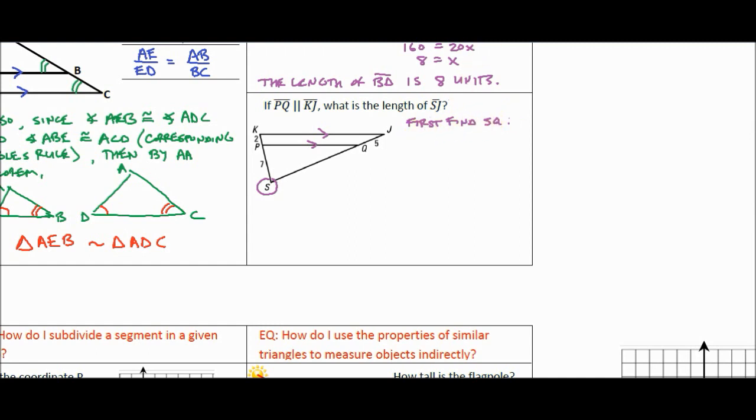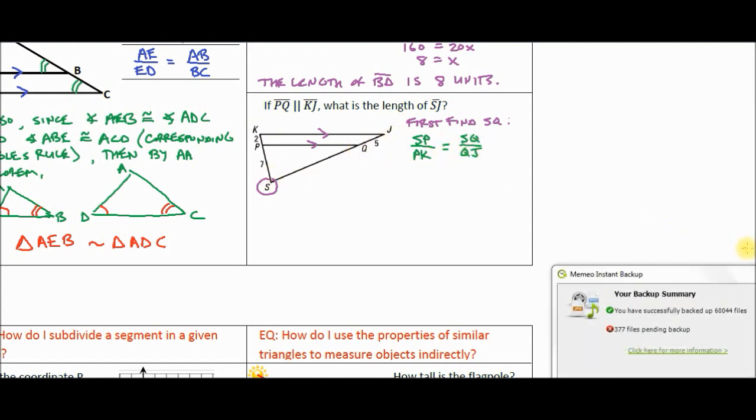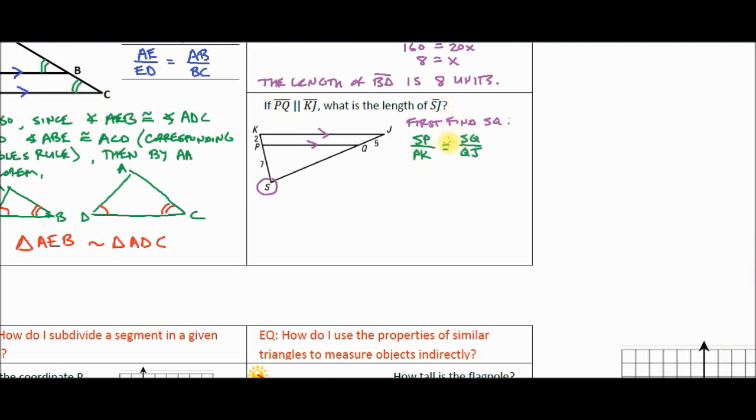And here we go. Here's our proportion. I'll start from S. SP over PK is equal to SQ over QJ. Notice again, this S showed up on the top of both of our proportions. All right, let's go ahead and plug in what we know. SP is 7.